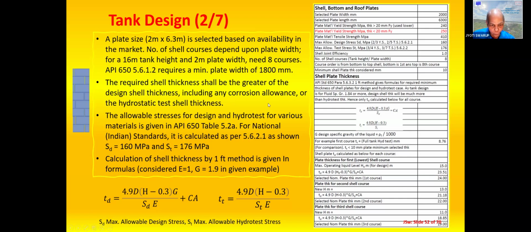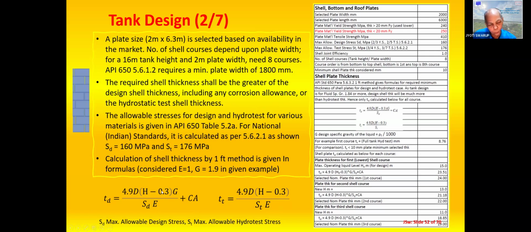Required shell thickness shall be the greater of the design shell thickness, including corrosion allowance, and the hydrostatic case thickness. But since the hydrostatic case in this is for a density of 1, in the sulfuric acid case it's only the design thickness which will be applicable, because the specific gravity used is 1.9.